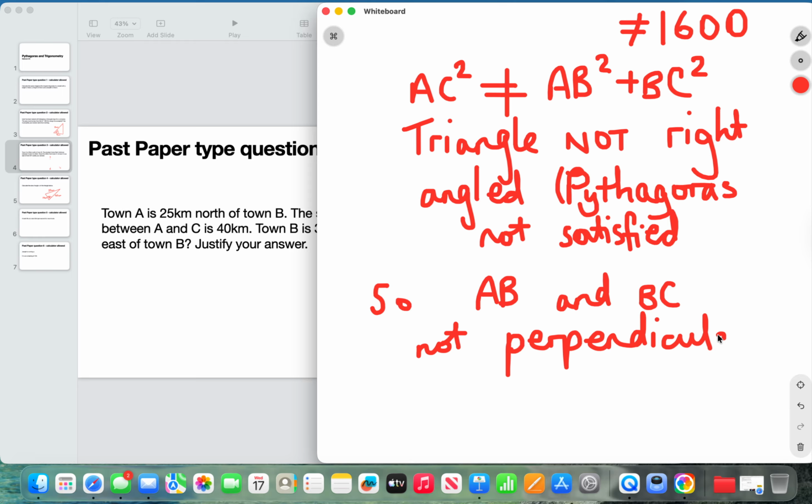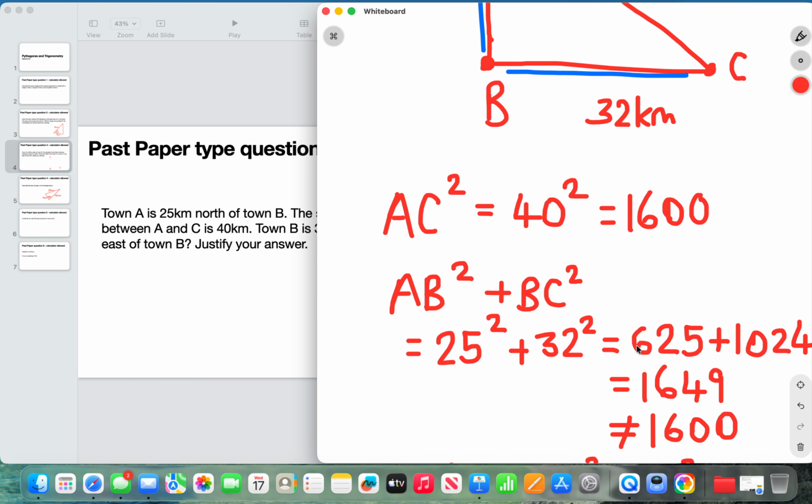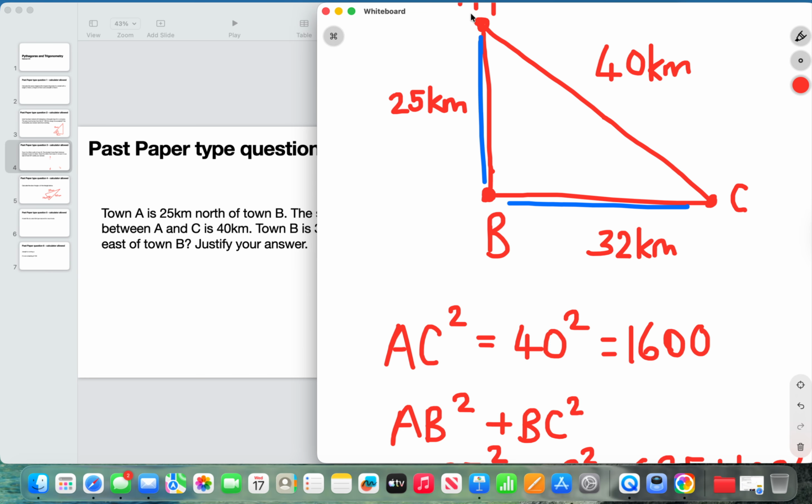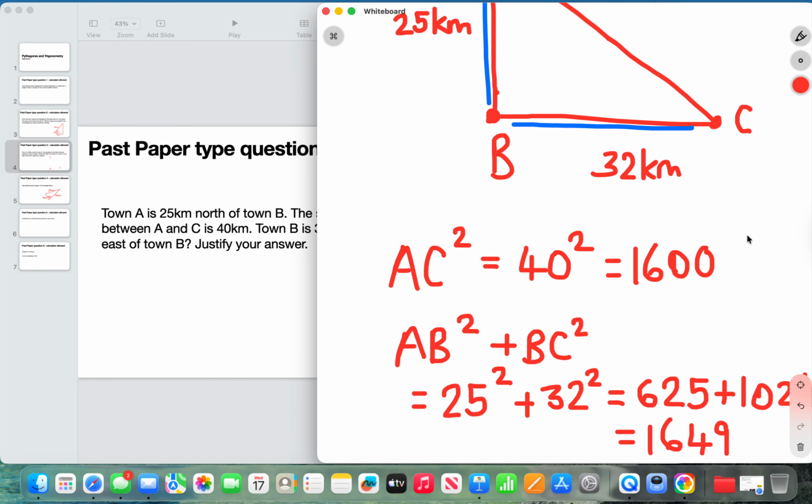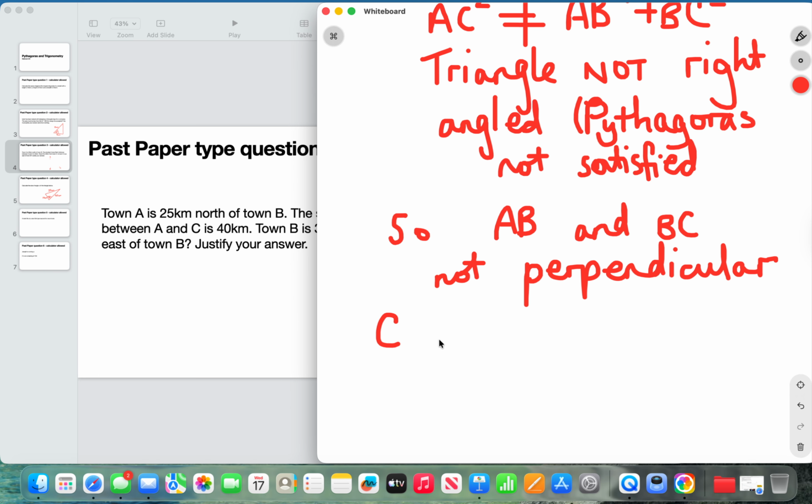It's maths we're doing, not English, so we should be okay. Because AB and BC are not perpendicular, and A is directly north of B, C is not due east of B. And that's us answered the question.